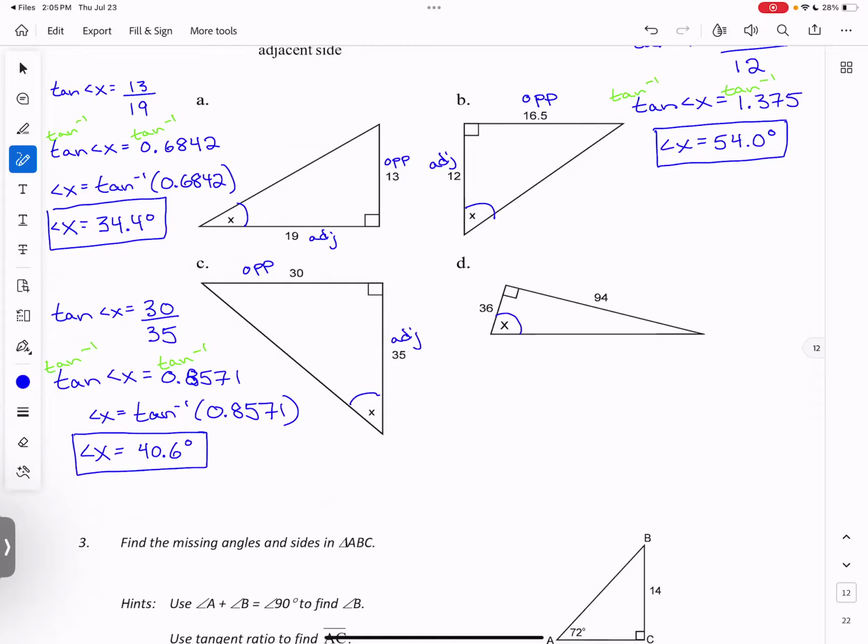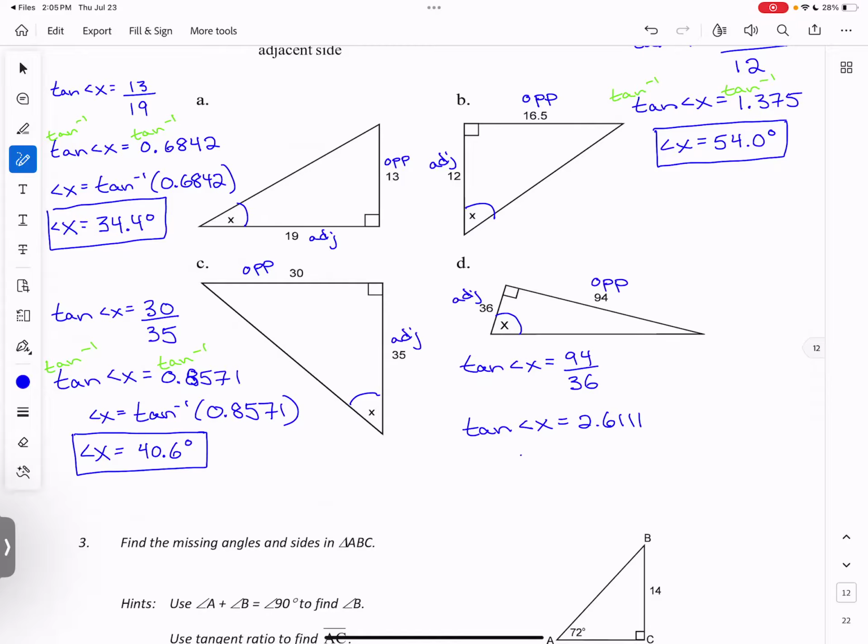And last one of this type. So 94 is our opposite side, 36 is our adjacent. So tan of angle x is 94 over 36, which is 2.611.